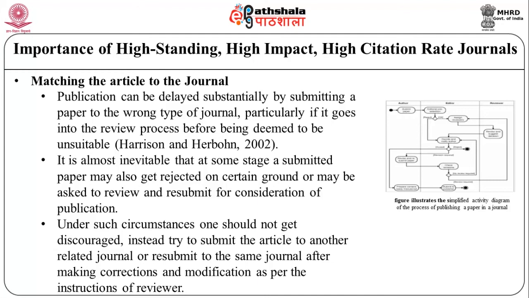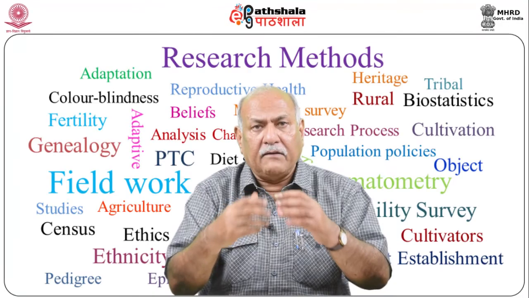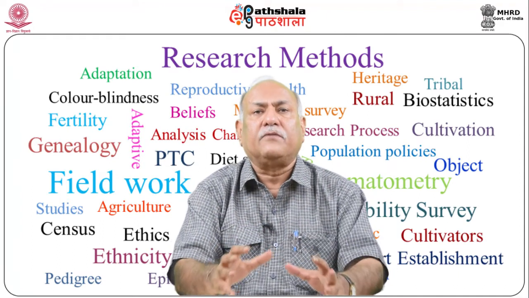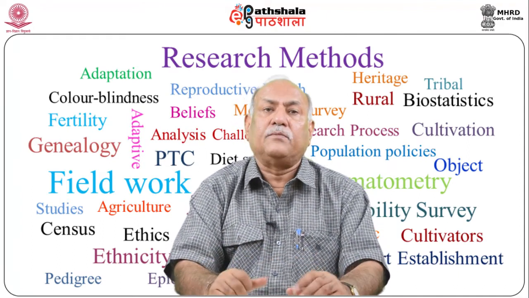Instead, try to submit the article to another related journal or resubmit to the same journal after making corrections and modifications as per the instructions of the reviewers. Here the figure illustrates the simplified activity diagram of the process of publishing a paper in a journal, which is very clear. Now I will summarize what we have learned in this module.